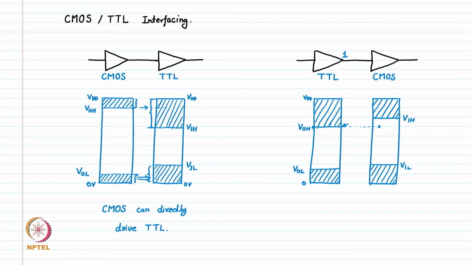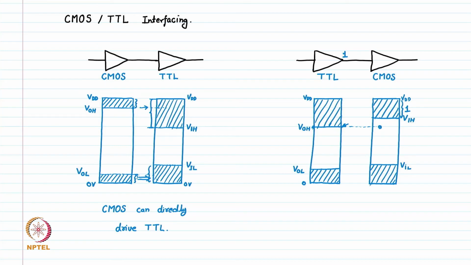and VIH is the level above which only CMOS will detect it as a 1. So CMOS is going to detect any voltage as 1 only if it is higher than VIH and lower than VDD. In this range only logic 1 will be detected by CMOS, but TTL is driving a 1 which is only at VOH level, which falls in the undeterministic or random state between the voltage levels VIH and VIL.